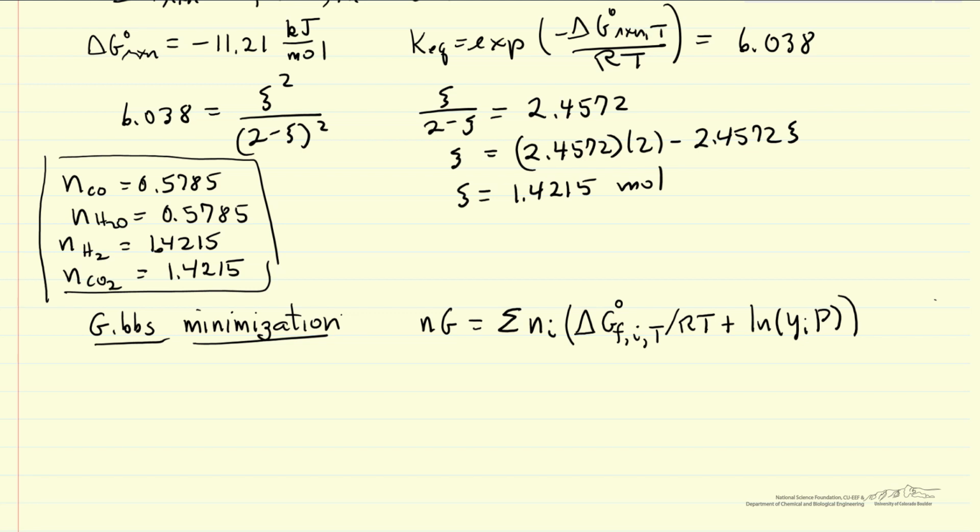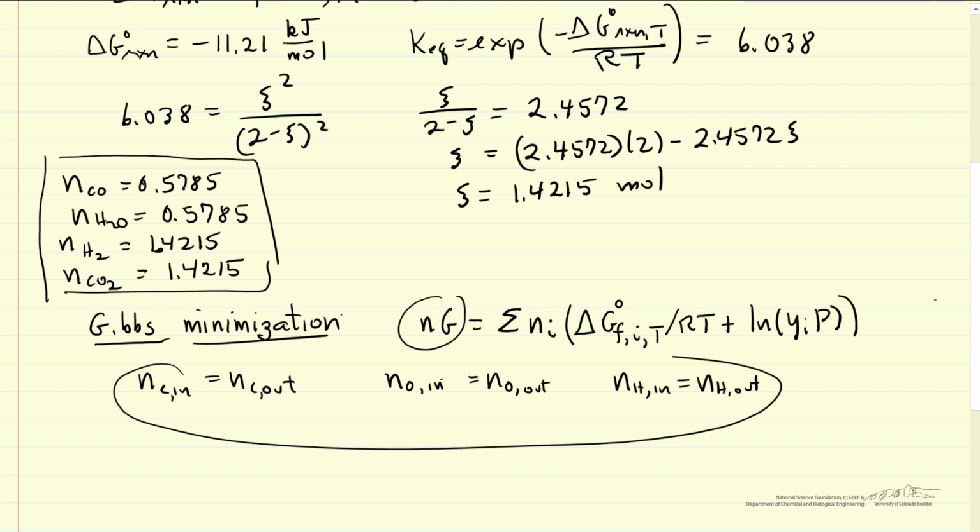In addition to that minimization, we have to have atomic mass balances, meaning the number of carbon atoms at the start into, say, our reactor system is the number of carbon atoms at the outlet, and likewise for oxygen and hydrogen. So then what we're going to do is use Solver in Excel to minimize this with these 3 equations as constraints.